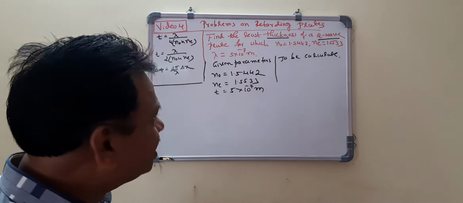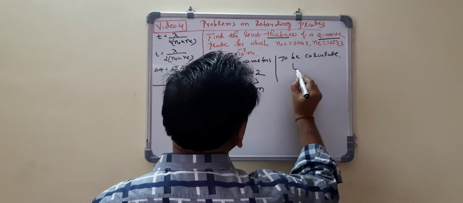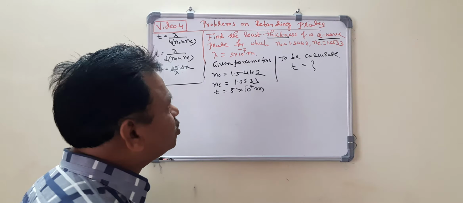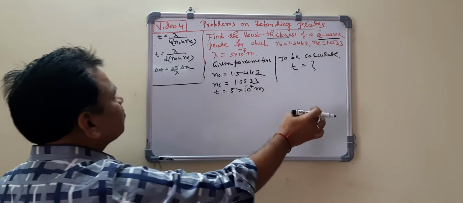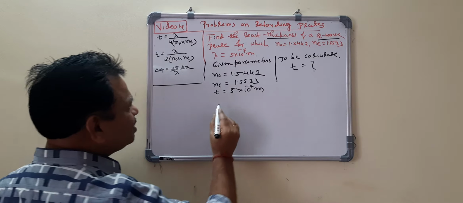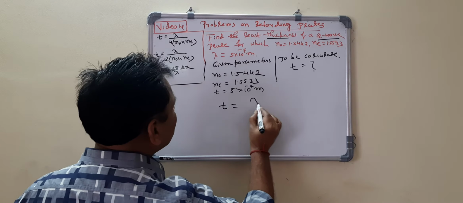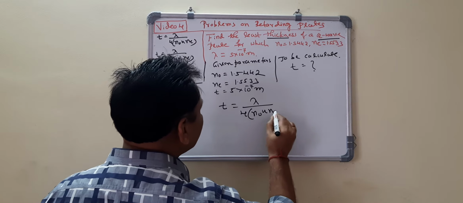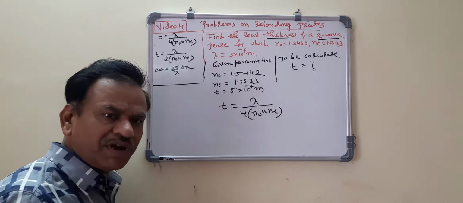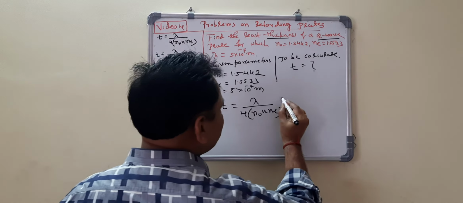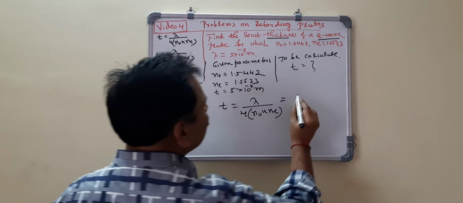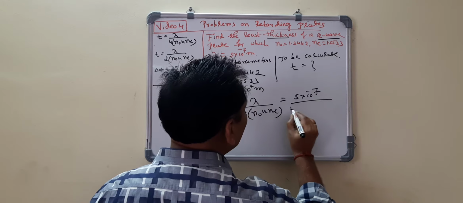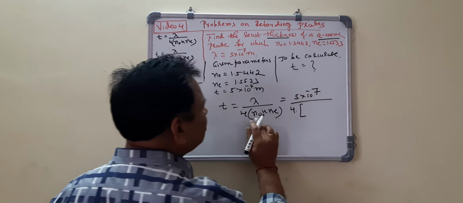Now, what is to be calculated here? I want to calculate the thickness. Which formula are you using? It is a quarter-wave plate, so I use t equal to lambda divided by 4 times the difference of n_o and n_e. Substitute lambda equal to 5 into 10 to the power of minus 7, divided by 4 into the difference.